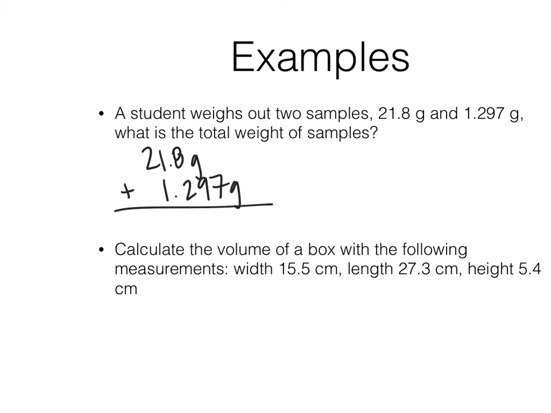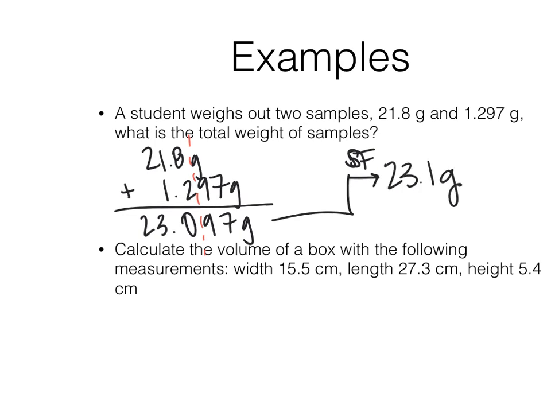And in that case, we are going to get 23.097 grams. And then we need to do our sig figs. And so we are going to clip this off after the shortest one, which means we have one significant figure after the decimal place. And so we're going to get 23.0, but we need to round.